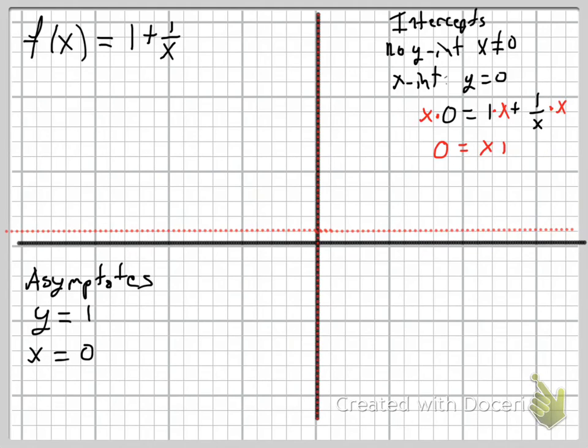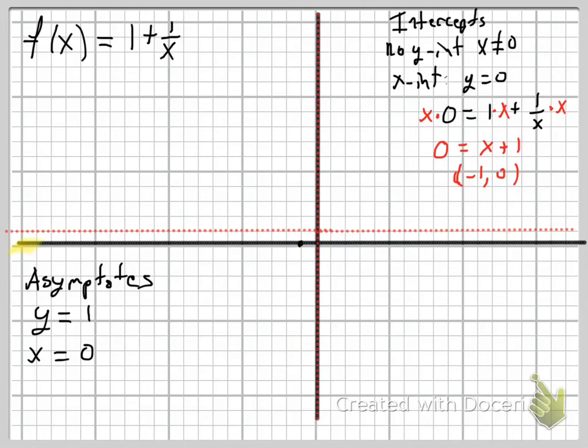And then 1 over x times x will just be positive 1. And if we solve that for x, we would subtract 1 from both sides, and we'd get x is equal to negative 1. So we're going to have an x-intercept right here. So I know I'm going to cross right there.